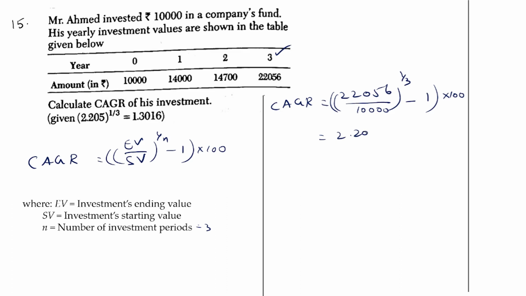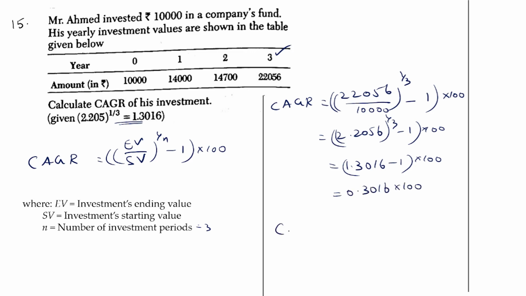It is 2.2056, the whole raised to 1 by 3 minus 1 into 100. This value is given here, it is 1.3016. This, when we simplify, we get 0.3016 into 100, or the compound annual growth rate is 30.16%.